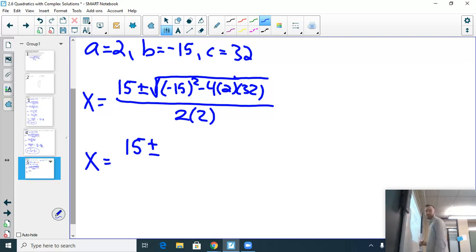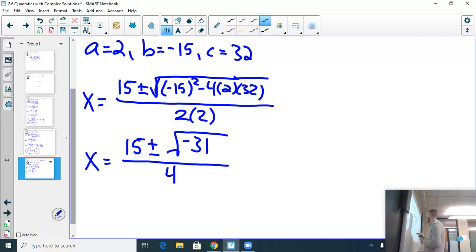15 plus or minus, and then here we'll have square root of negative 31 all over 4.